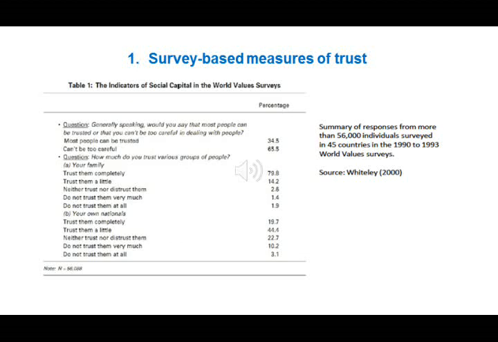Another question that is also related to trust, however, looks at the different categories. So how much do you trust various groups of people, like your family, your own nationals, your government, certain institutions, religious institutions, and so on?